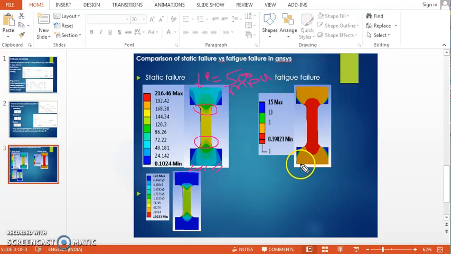Then for same condition, what we do for fatigue failure? In fatigue failure we have taken the Goodman criteria, Goodman theory.